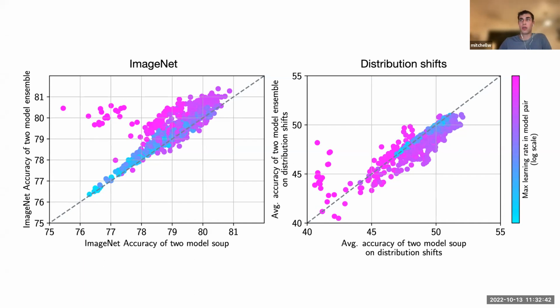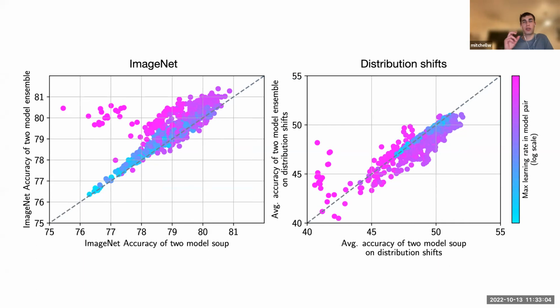Our intuition is that things don't really move that much during fine-tuning, and because of that, ensembling the weights is going to look a lot like ensembling the outputs. And these are some plots here which show this. In addition, there is analysis in the paper which relates the performance similarity of these two quantities.